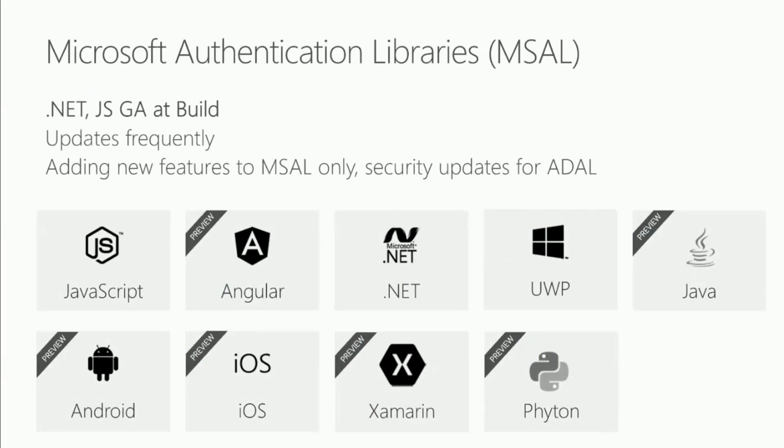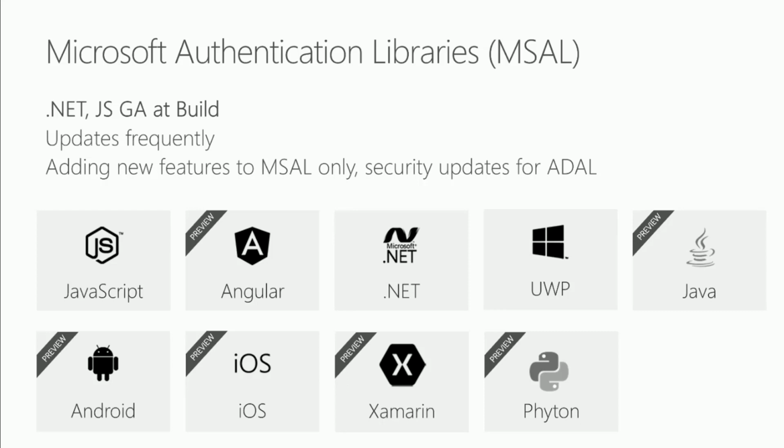So the MSAL libraries we have released today are the JavaScript and the .NET desktop ones. We also have a number in preview, a couple of new ones that we released in preview for the first time, I believe at Build, were the Java and Python ones. We also have an Angular one in preview, as well as a slate of mobile development MSAL libraries, both the .NET-based Xamarin one, as well as specific ones for Android and iOS.